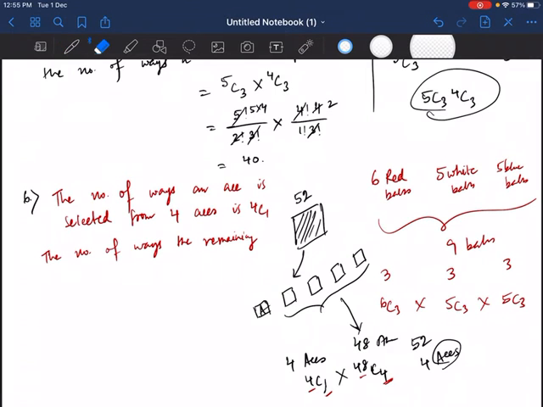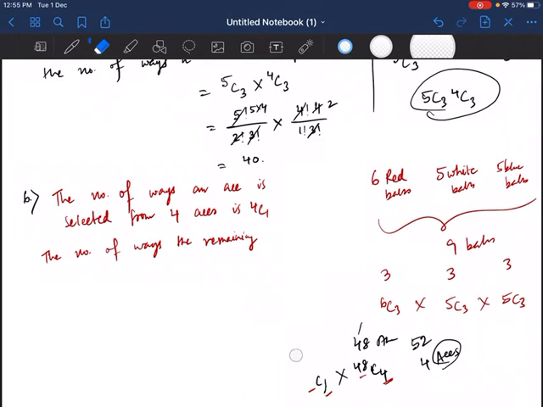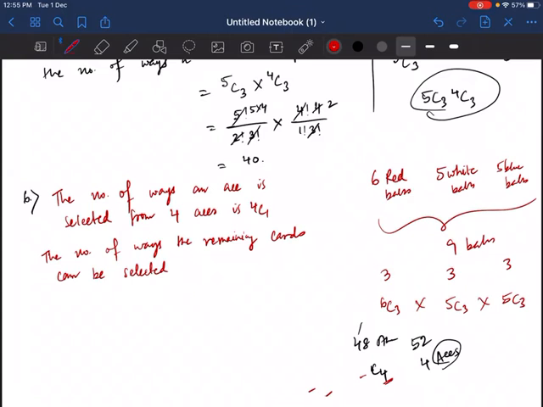The number of ways the remaining cards are selected from 48 cards is 48C4, right?